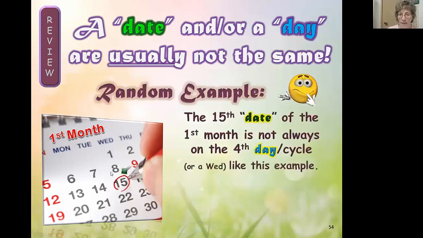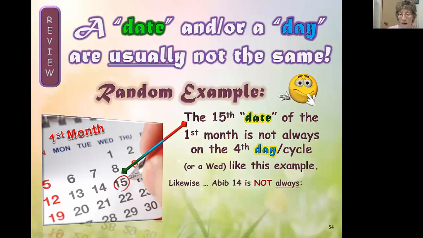The 15th date of this first month is not always on the 4th day cycle in every single year. The next year on the first month, it's going to be on a different day. It'll probably be on the 5th cycle or a Thursday. So this is just an example. If you have the 15th next year on the first month, it probably isn't going to be on the same day as it was last year.